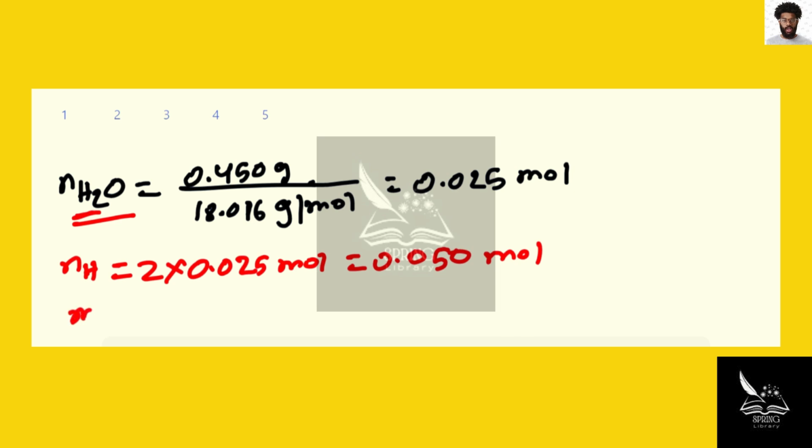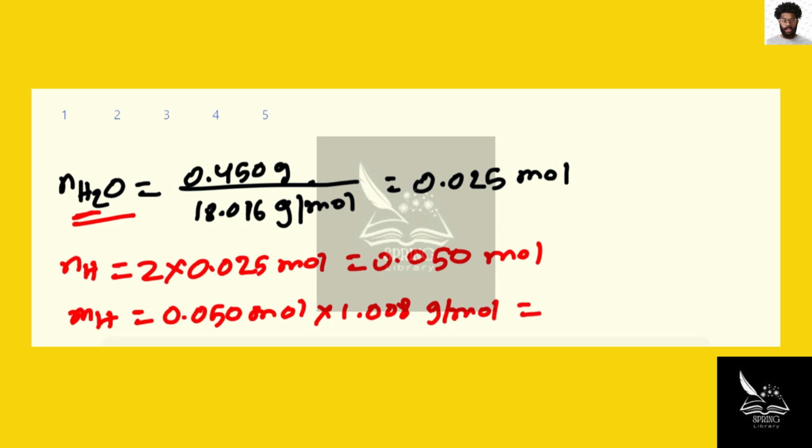Now from here we can find the mass of hydrogen, which will be just this number of moles times the molar mass of hydrogen, which is 1.008 gram per mole. So it will give us a value of again 0.